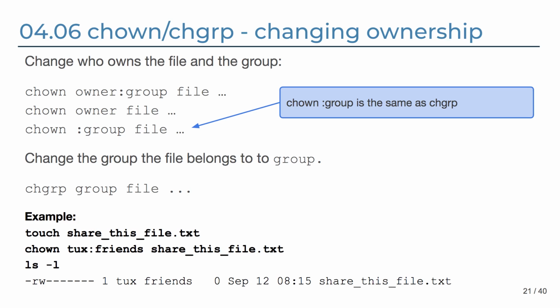There's also another command which is chgrp, change group, which is not really necessary, but does basically the same as using chown with just a group. For example, if we create a new file, share this file, and this is run by user Tux, then Tux can share this file to a group friends by changing its group to the friends group, and then it gets friends.